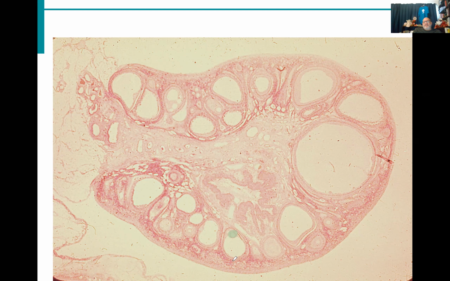Now, this one I've just highlighted. Identify that egg, that cell, be specific. Mature follicle? The cell. Identify the cell, not the follicle. And you get partial credit for that on the exam.